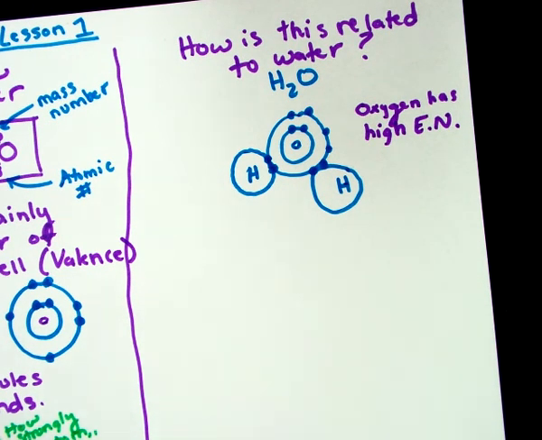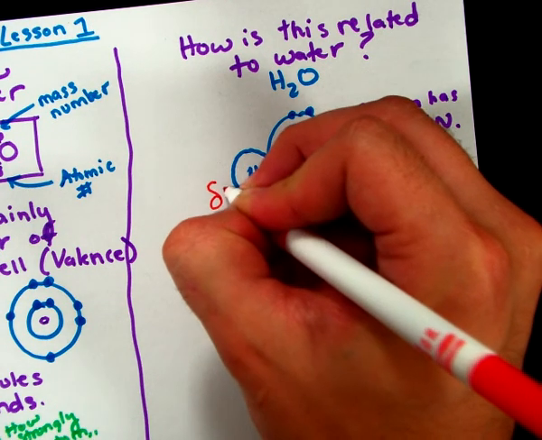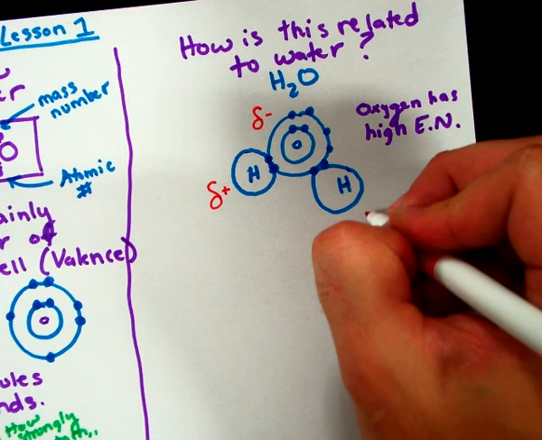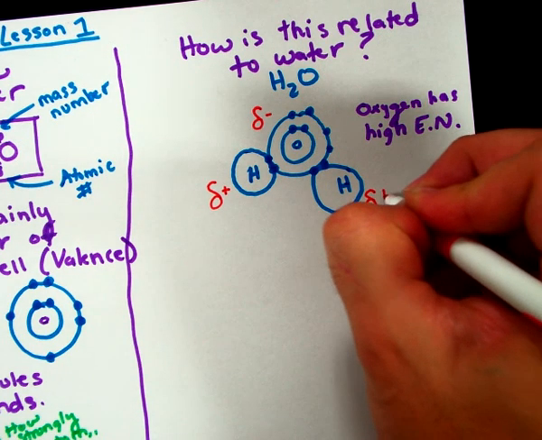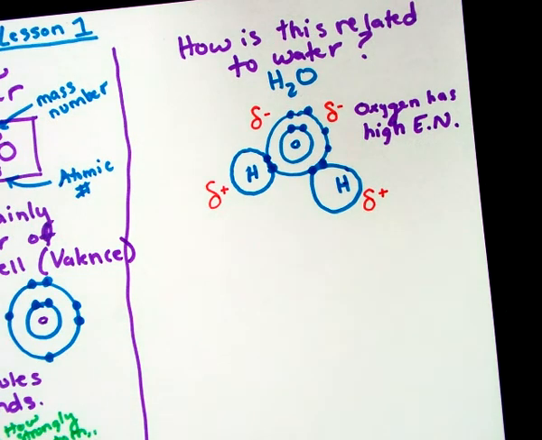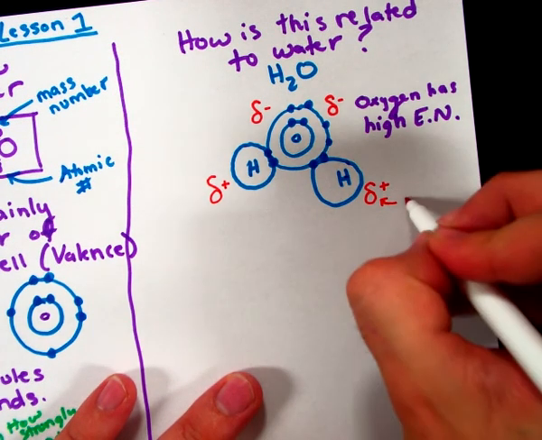And this creates what are known as partial positive and partial negative. This symbol right here indicates partial charge.